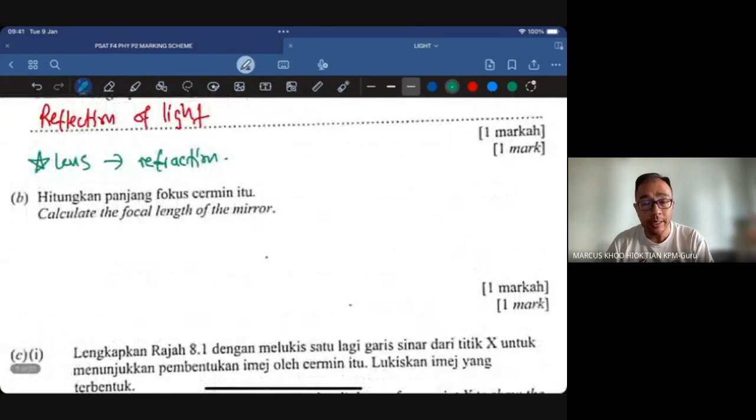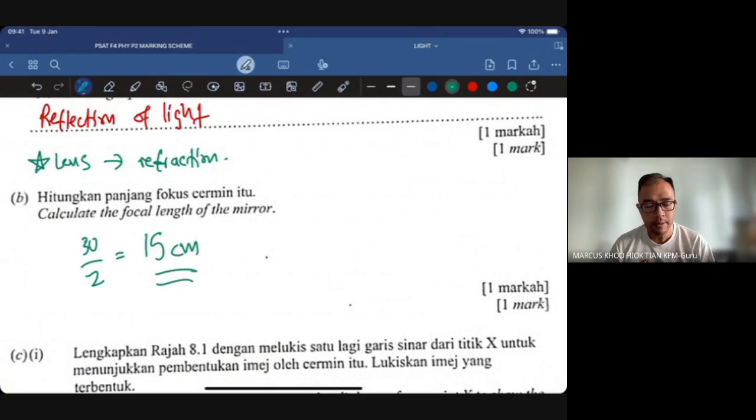This one is really nothing. There's only one mark. 30 divided by 2, which is 15 cm. You actually don't have to calculate, but just make sure you give your answer with the unit. No unit, remember, no mark.